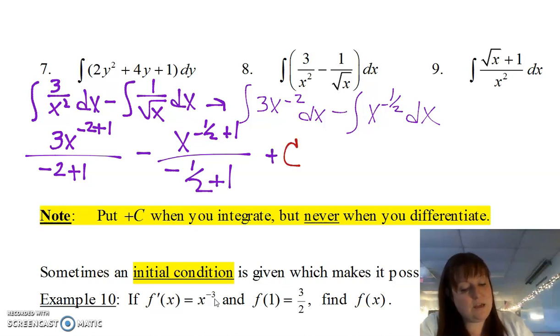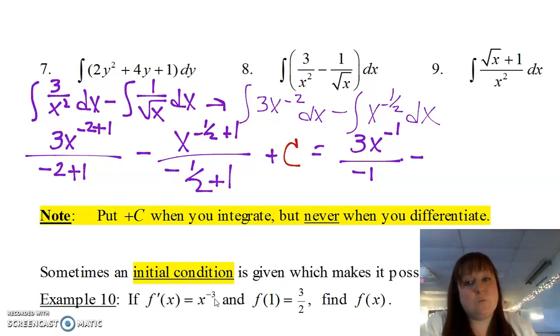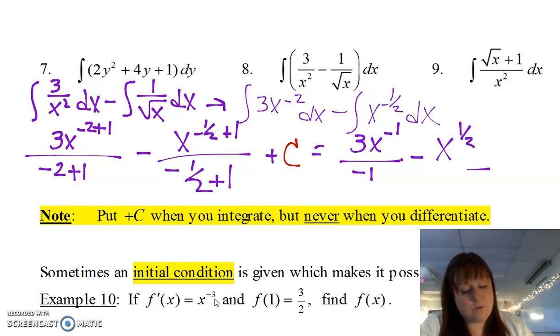plus c, and that equals, well, x to the negative 2 plus 1 is just x, right? So I have 3x, or it's just negative 1, sorry, negative 1 over negative 1, minus, what is negative 1/2 plus 1? Well, it's positive 1/2 over positive 1/2.